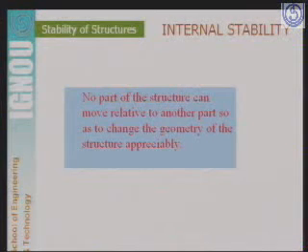That means that a part of a structure moves in comparison to another part of the structure, so that its geometry is changed. So that is called internal instability. So we define internal stability that no part of the structure should or can move relative to another part so as to change the geometry of the structure appreciably.